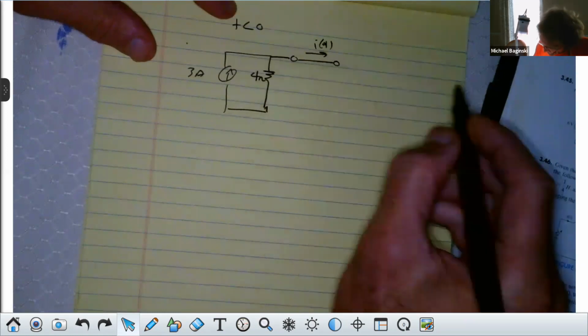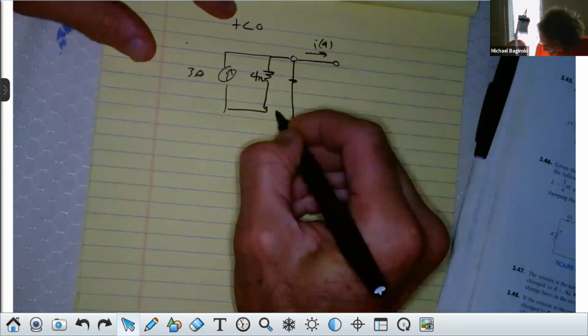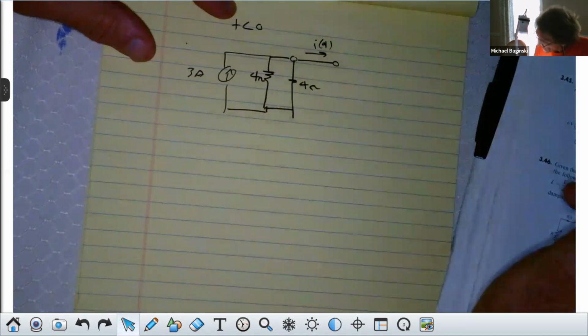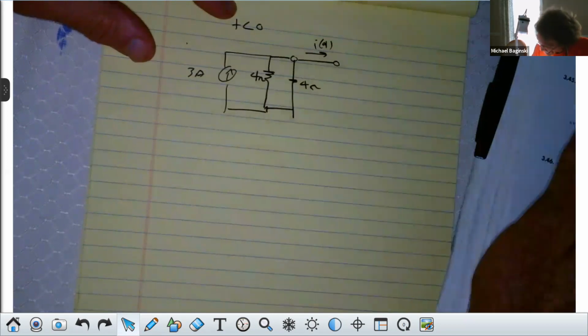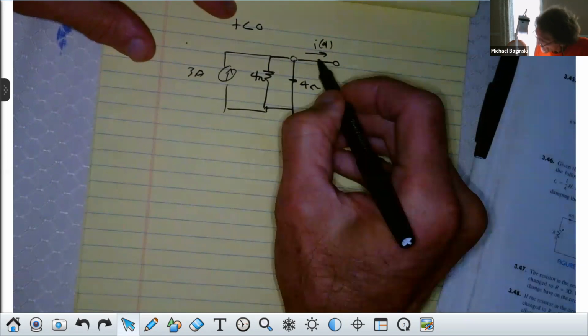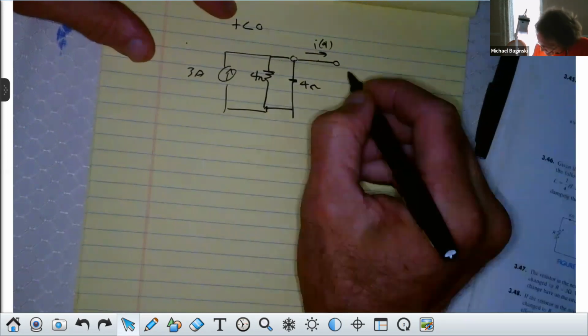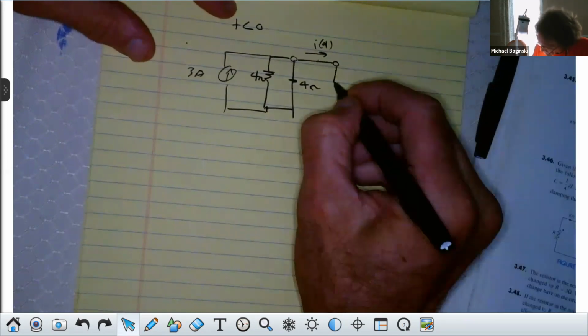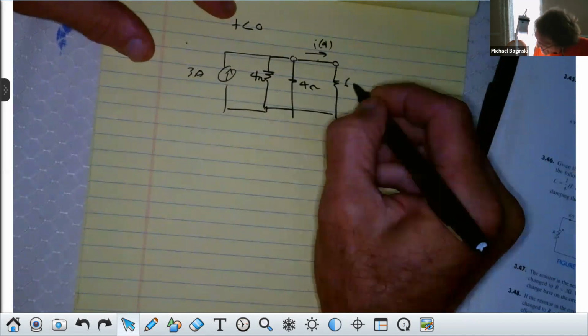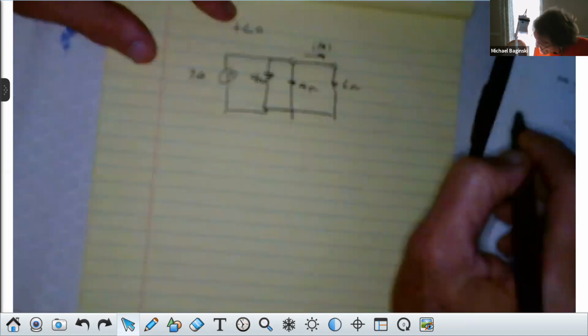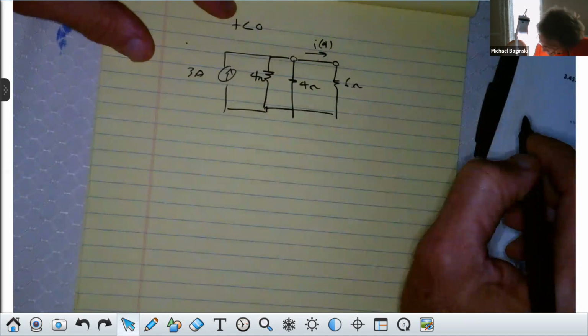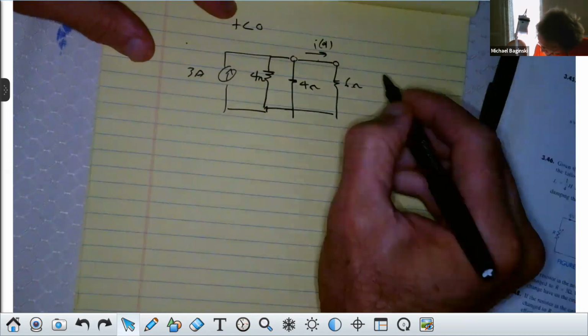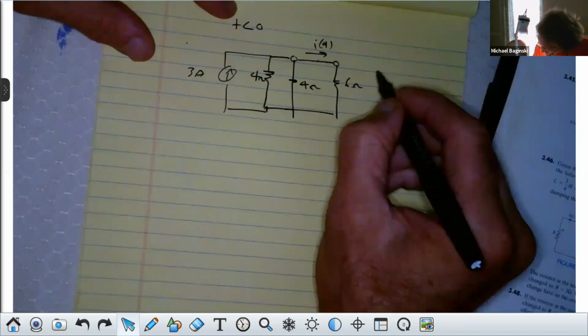Then I have 4 ohms here that I don't care about yet. Remember, I'm after that current through the inductor. That's where it is right here. And then I have 6 ohms here. And I have 6 volts by 3 ohms is 2 amps in parallel with 3.